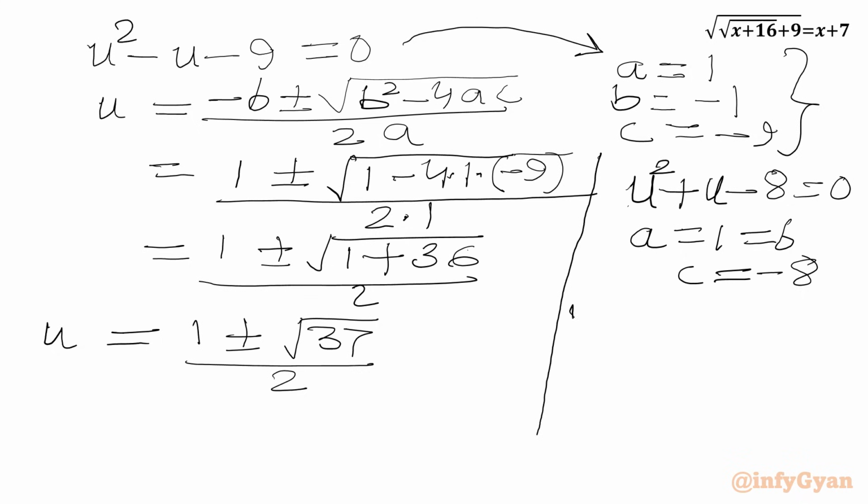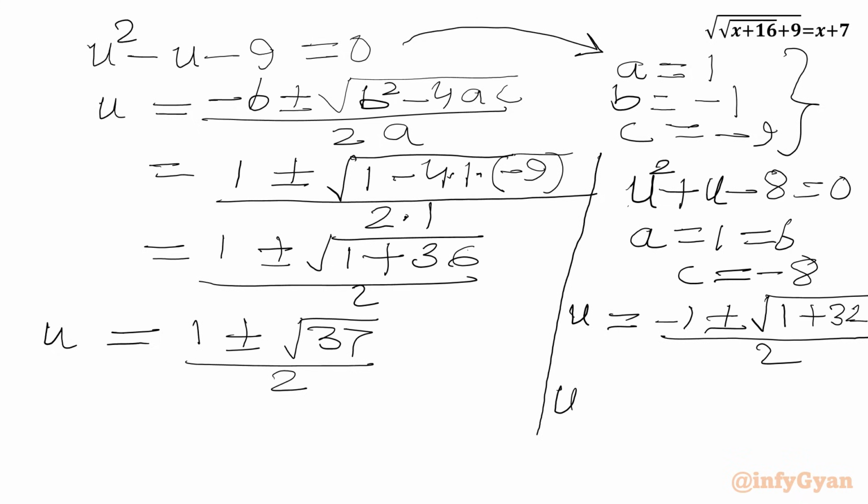So we will write here u will come out minus b, so minus 1 plus minus square root of b square, which is 1, minus 4ac. 4 times 1 times minus 8 will give us plus 32 over 2 times 1, which is 2.